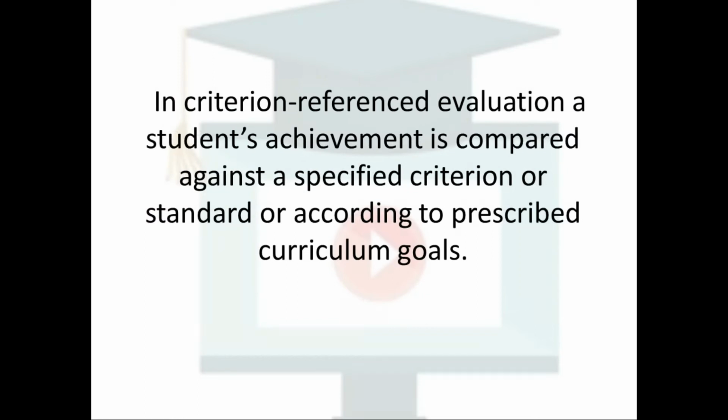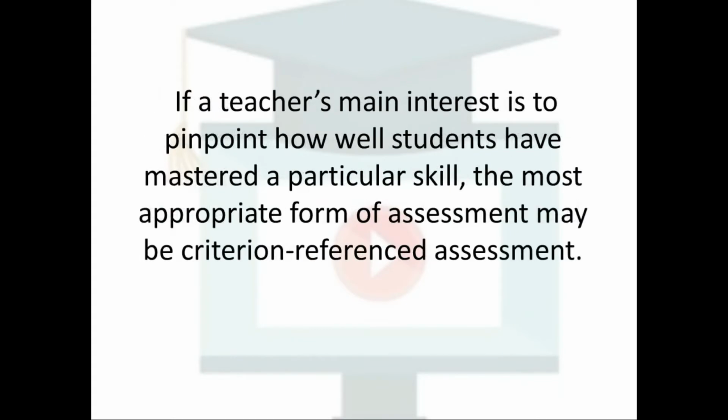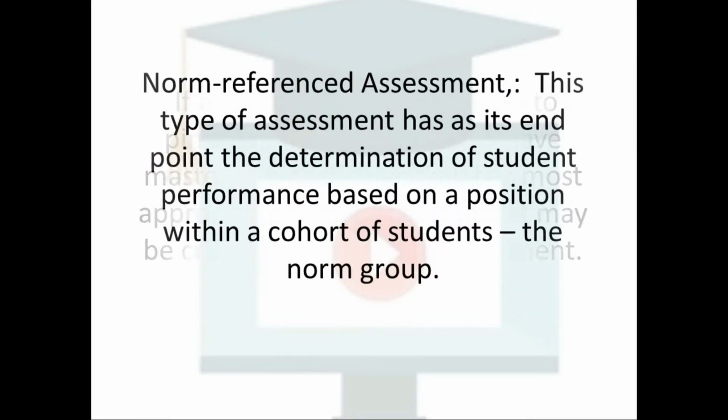In criterion referenced evaluation, a student's achievement is compared against a specified criterion or standard or according to prescribed curriculum goals. If a teacher's main interest is to pinpoint how well students have mastered a particular skill, the most appropriate form of assessment may be criterion referenced assessment.